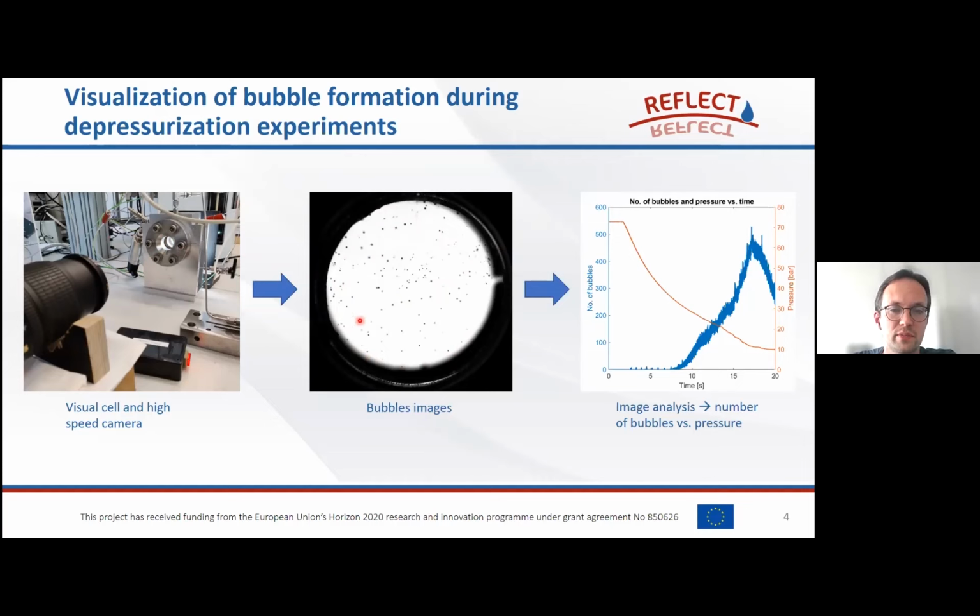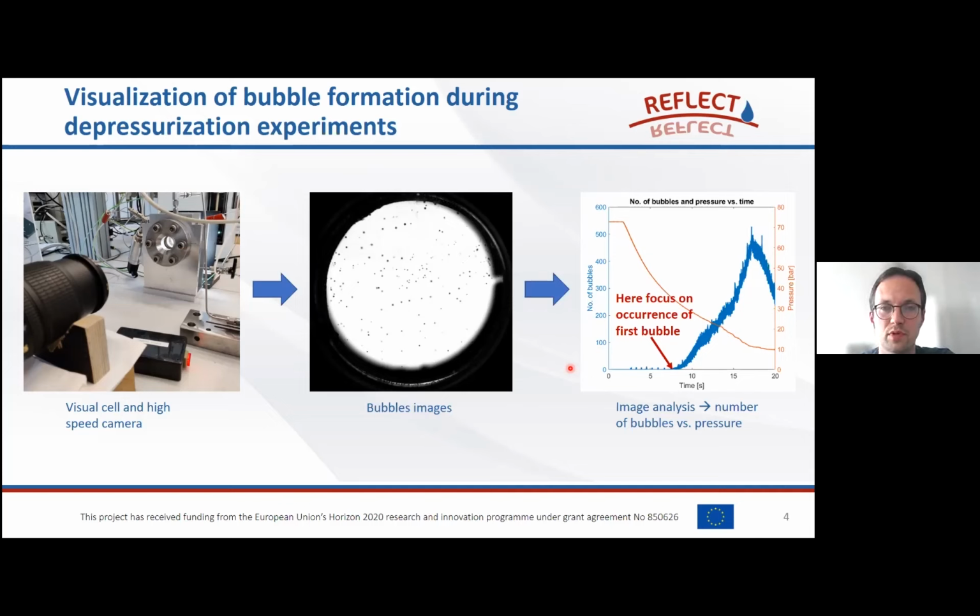So you get these kinds of images, which you can then process to determine how many bubbles are formed. And in the meantime, you can also simultaneously record the pressure, so you can have a number of bubbles versus pressure.